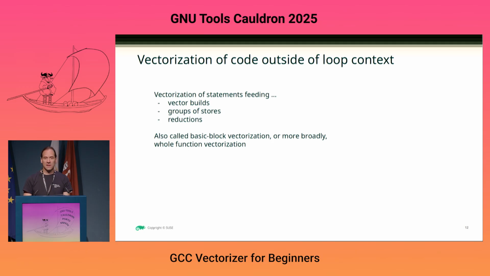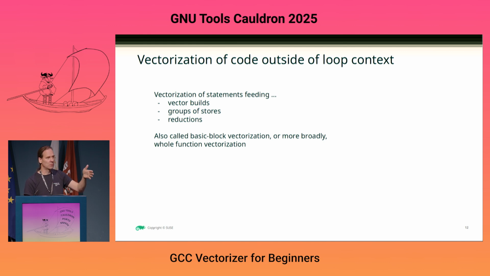Oh, yeah, and we can, of course, also vectorize when there's no loop, when there's just a function, which means GCC actually does whole function vectorization. So we analyze the whole function and look for obvious opportunities, like groups of stores that are continuous in memory.